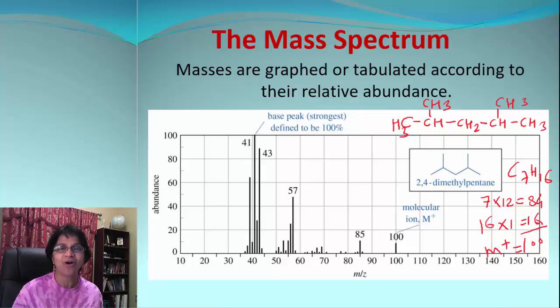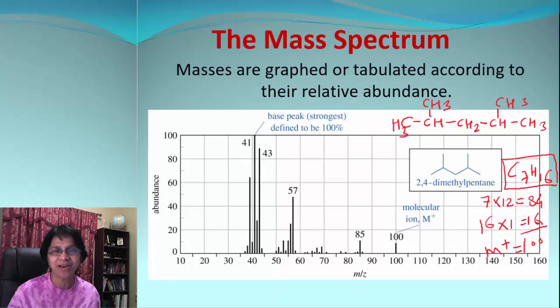And when we add all carbons and hydrogens, the molecular formula for that compound is C7H16. So, when we try to find out the molar mass for the compound, it's 7 times 12 plus 16 times 1, multiplying the number of atoms by the molar mass of the atom. And when we add that, the answer which we get is 100.